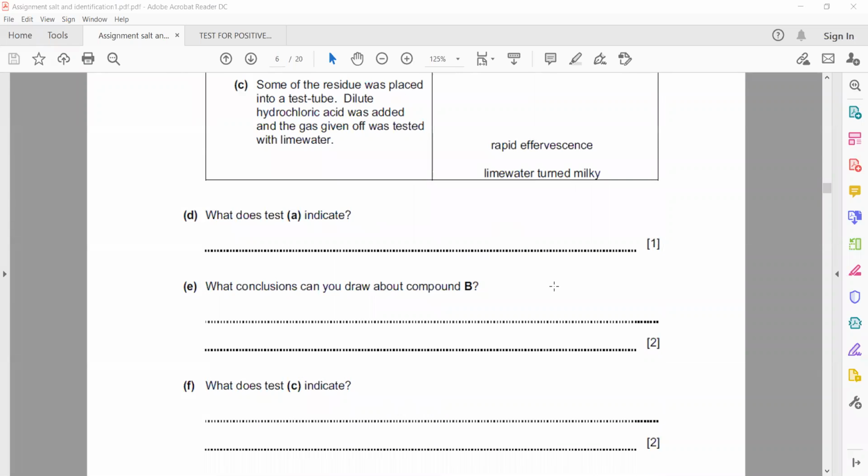What conclusion do you draw about compound B? About compound B, we identify that it is zinc sulfate and it does not contain halide. Halide means halogen ions such as chloride, bromide, or iodide.